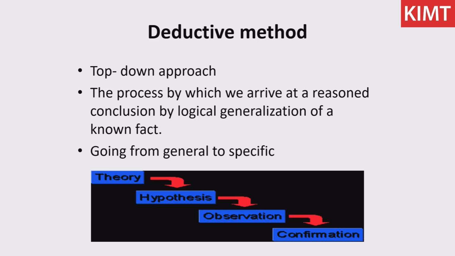Hypothesis means tentative, an estimation. You judge, you think, you assume. Actually, hypothesis means assumption. You can make an assumption, but you have to check whether your assumption is right or wrong.